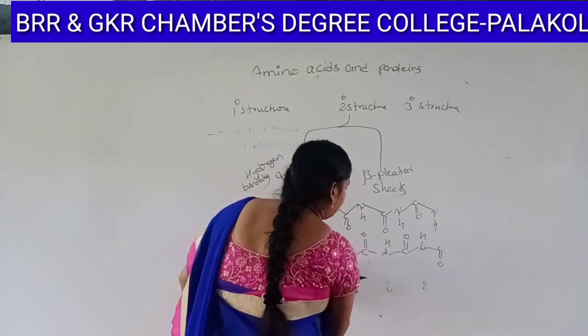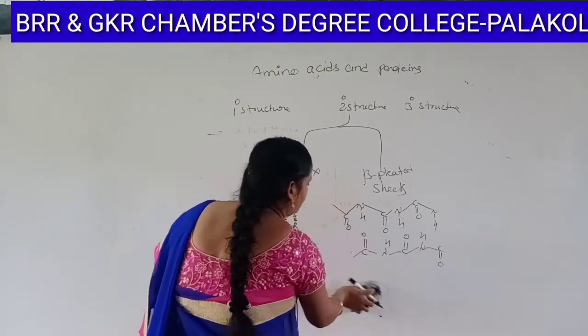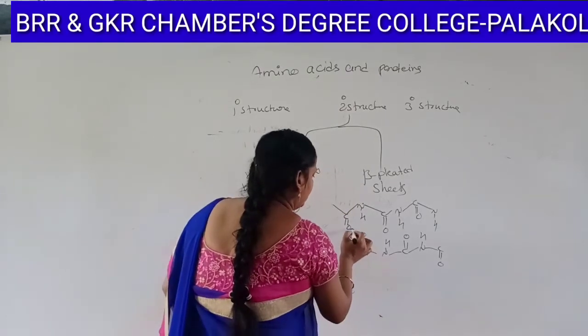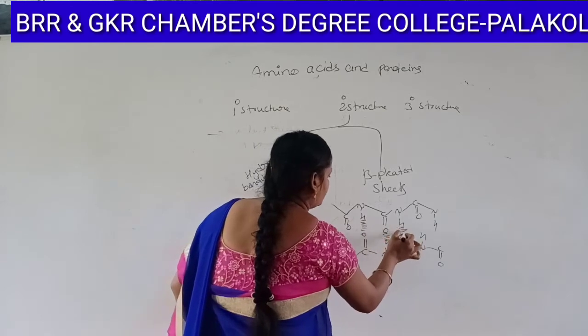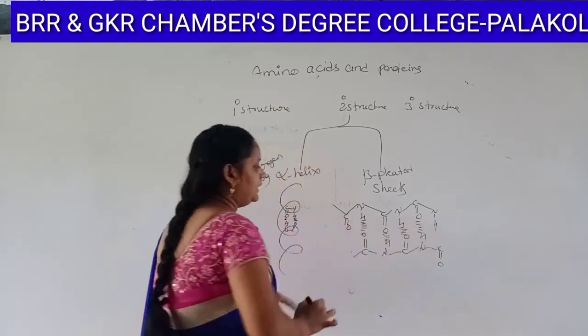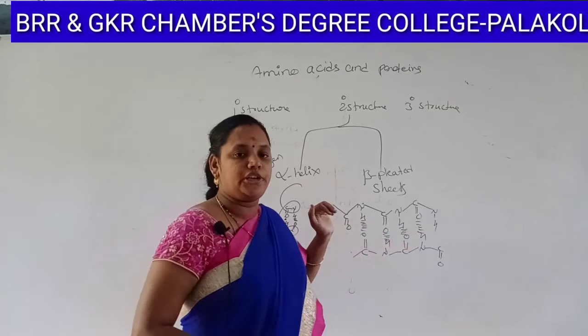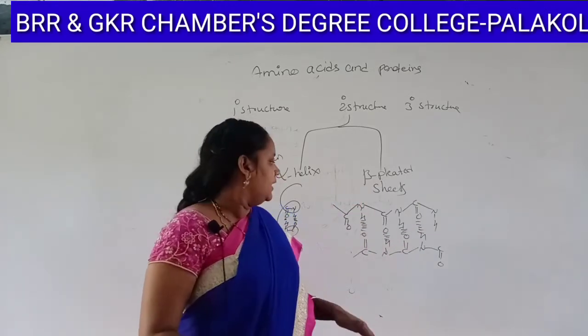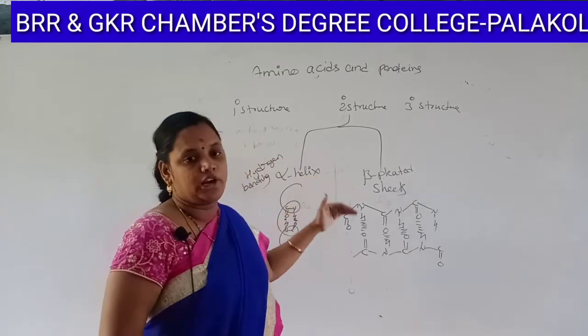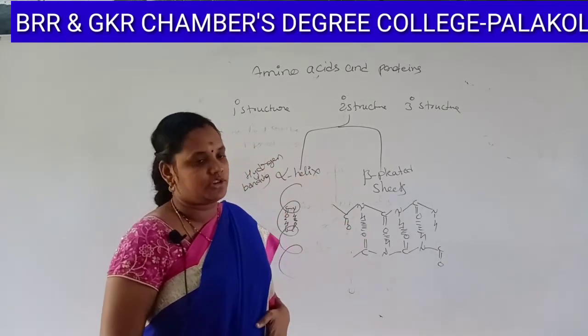What happened here? Let me show with these two chains so that you may not get confused. Here they are connected through intermolecular hydrogen bonding. What is intermolecular hydrogen bonding? The hydrogen bonding between two molecules is intermolecular hydrogen bonding.